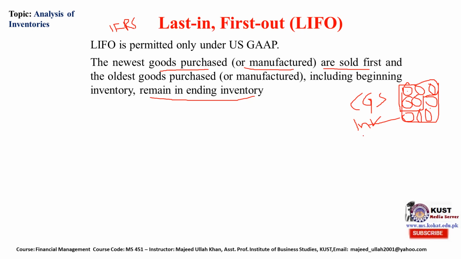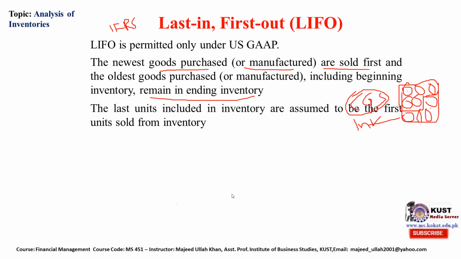What will happen? In rising prices, higher cost will be assigned to cost of goods sold. In lower prices, lower cost will be assigned to inventory. Now, the last units included in inventory are assumed to be the first units sold from the inventory.